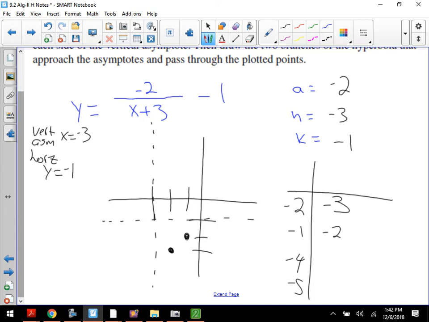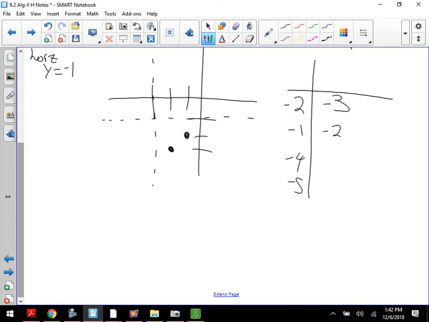You know that these are all going to look like hyperbolas, curving toward their asymptotes. All you need are 2 points, because now you know the general direction of the curve. You're going like this.